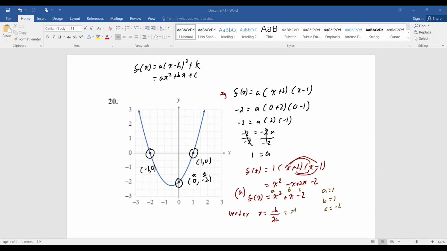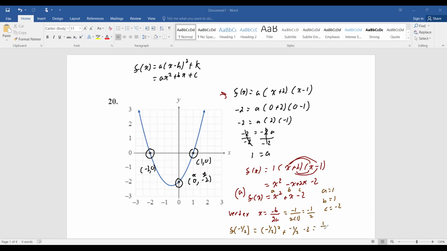So I get negative 1 over 2 times 1, which is negative 1 half. Don't be scared of fractions. And then to find the y value, I need to plug negative 1 half into the equation.